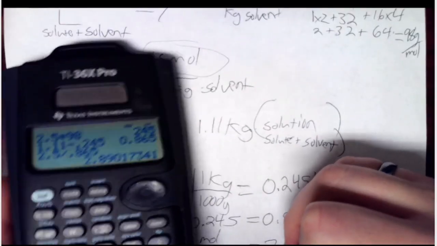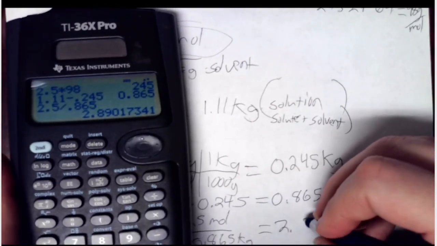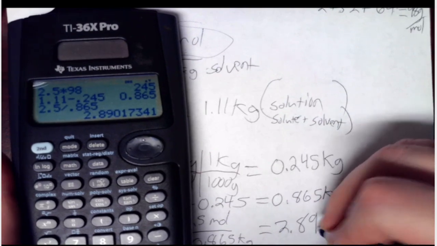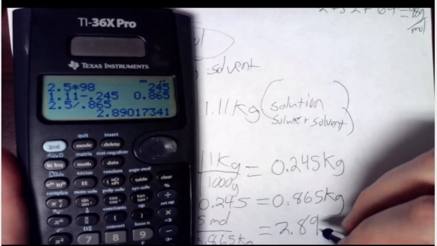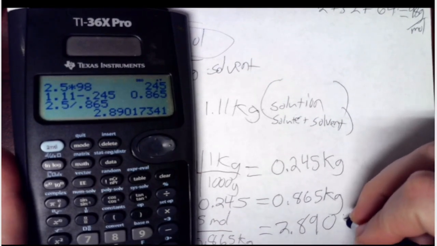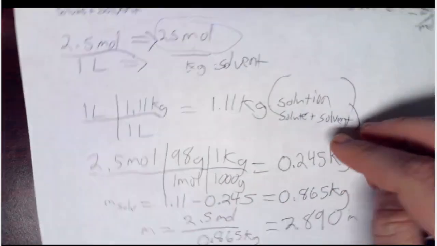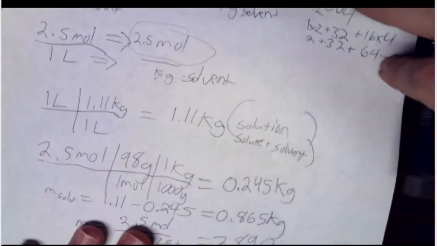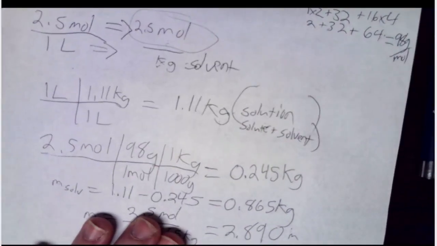And that'll give me my molality, which is actually closer to 2.89. We'll say 2.890 little m. So that is that.